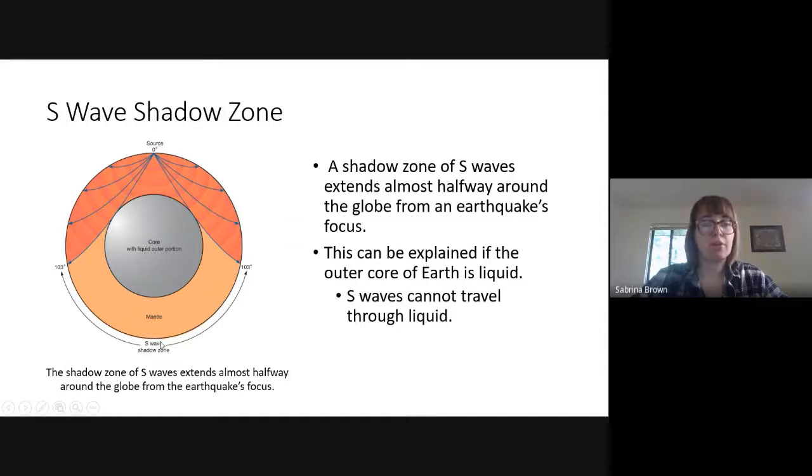And this shadow zone can only be explained if the outer core of Earth is liquid. That's because S waves cannot travel through a liquid. They can't travel through the liquid outer core. So they hit the liquid outer core and then they just stop. And so if you're on the opposite side of the Earth from an earthquake, you won't receive any S waves on your seismograph.